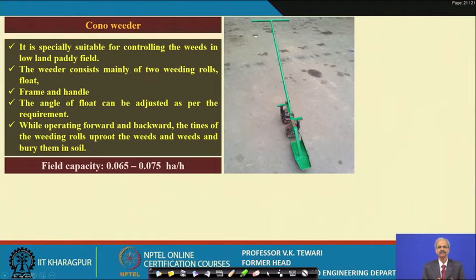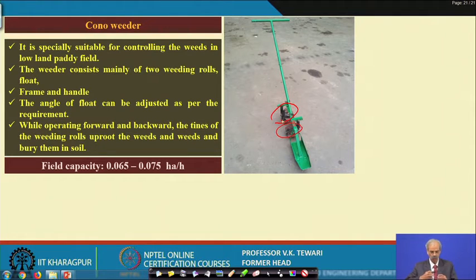Conoweeder. This is a device generally used for lowland conditions, particularly for paddy. Since this is also a push pull type of device, it has two different cutting elements. You can see here that this is one cutting element, and this is another.